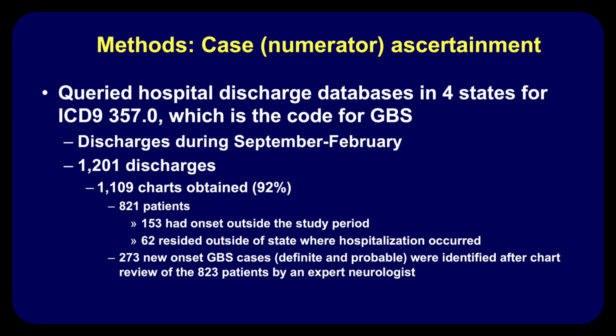We had a case definition that allowed us to consider whether these were more definite or, with less certainty, probable cases. And that was after we had reviewed 823 medical charts, which in turn were vetted by an expert neurologist with experience in diagnosing Guillain-Barré syndrome.